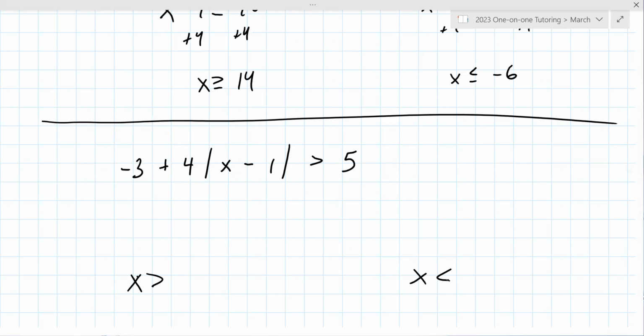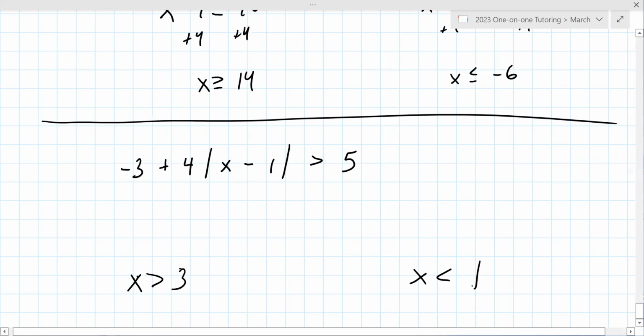Okay. X is greater than 3, X is less than 1.